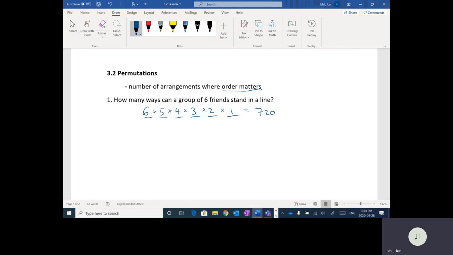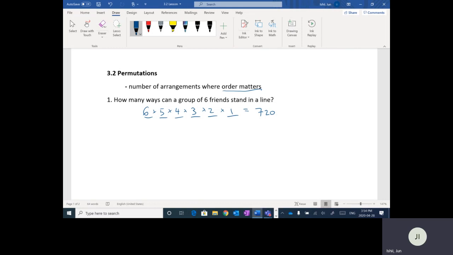Those are called combinations, which is what we're going to be looking into a couple lessons down. But here we have 720 different ways that we could arrange the 6 friends.